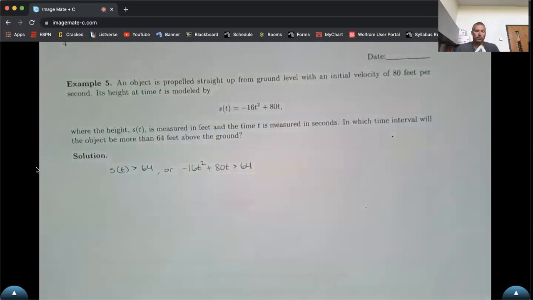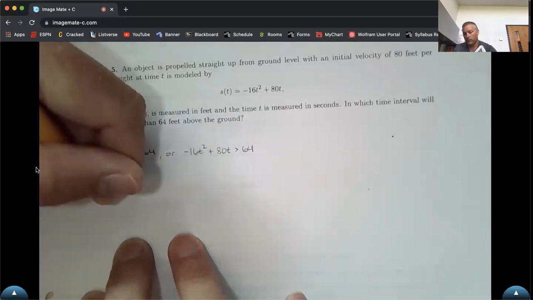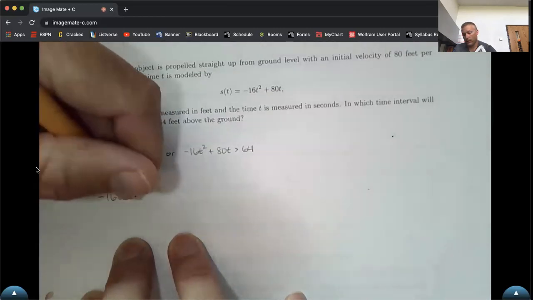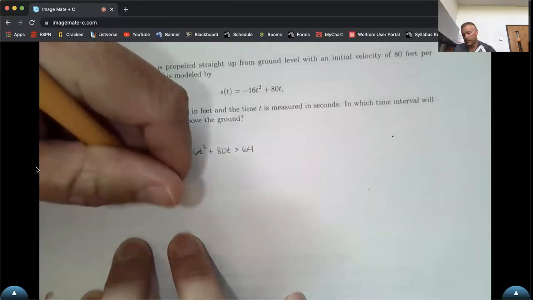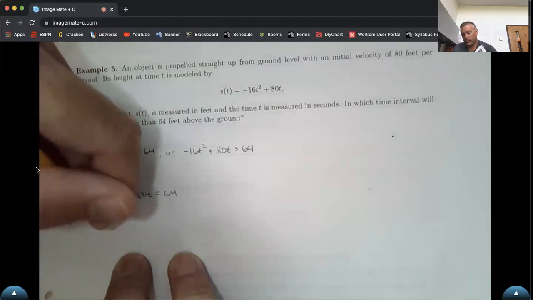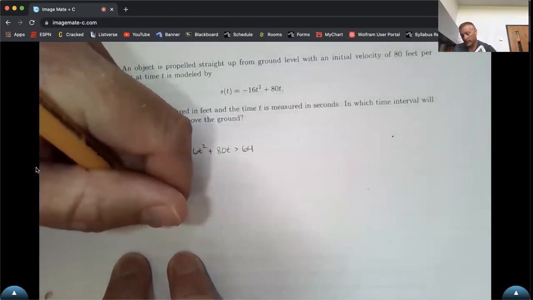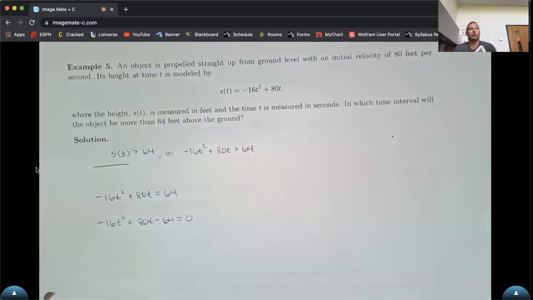Well, we're going to approach this the way we've approached all the other ones. Let's solve an equation. So that's -16t squared plus 80t equals 64. We could say then this is -16t squared plus 80t minus 64 equals 0.